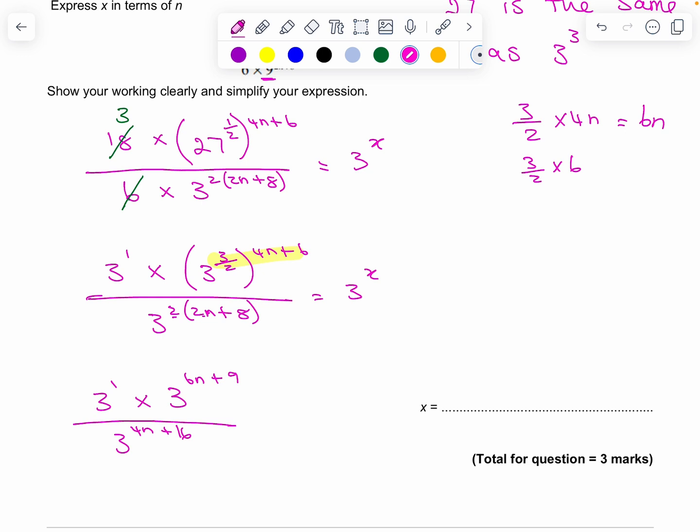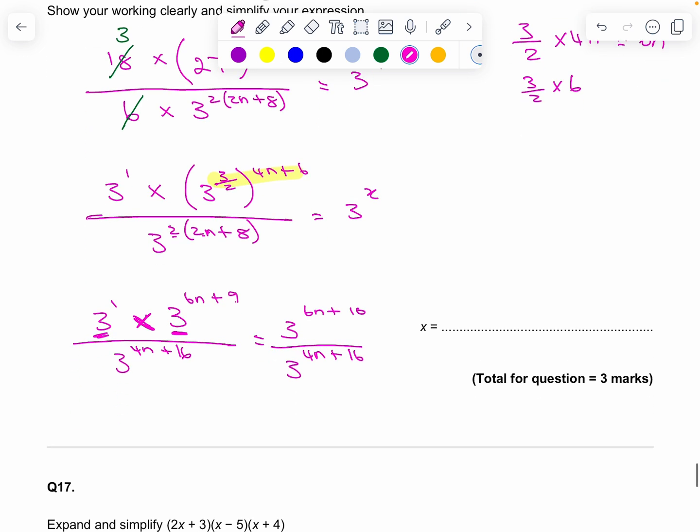And then, again, same base, so I can add the indices because we're multiplying. And so we've got 3 to the power of 6n plus 9 plus 1, which is 6n plus 10, over 3 to the power of 4n plus 16.